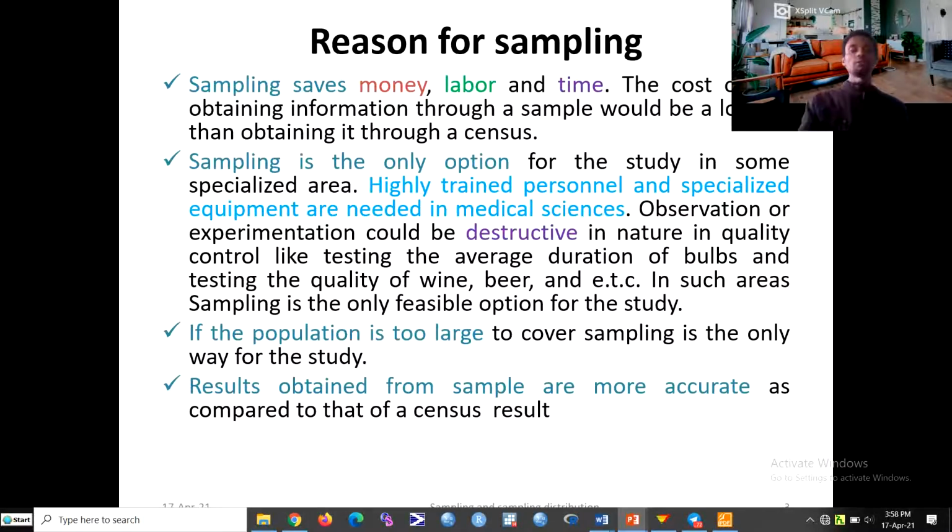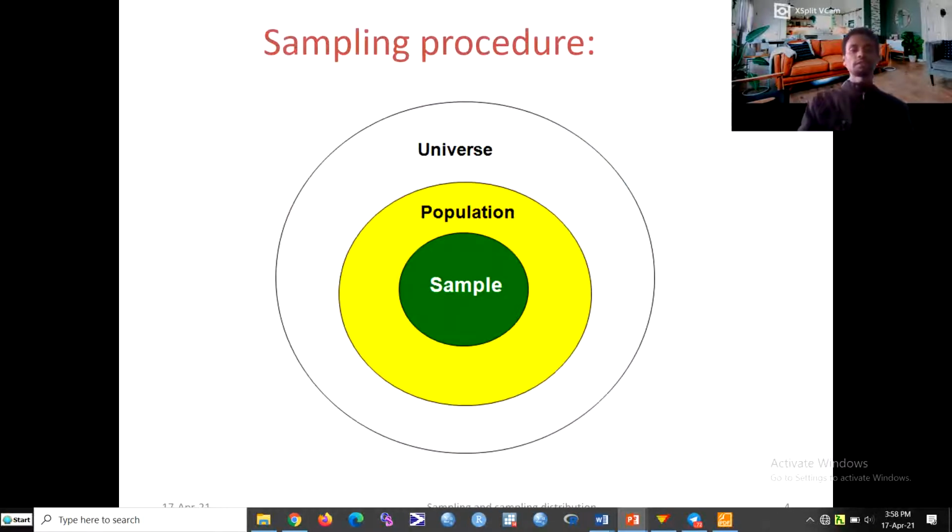compared with the census. So you will have some universe, and from the universe there will be a population that the investigator is interested in, and sampling is just picking some portion of that population, in this figure the green area, and usually the sample is less than the population found in the universe.